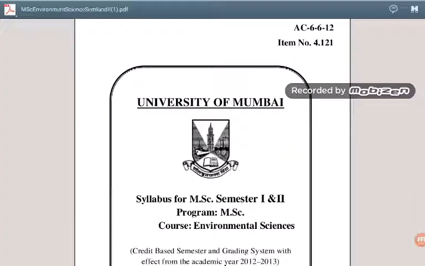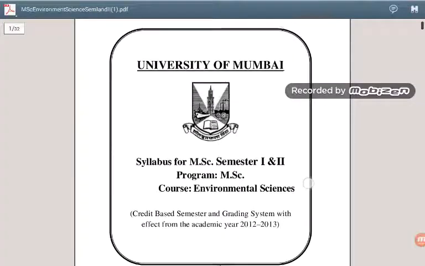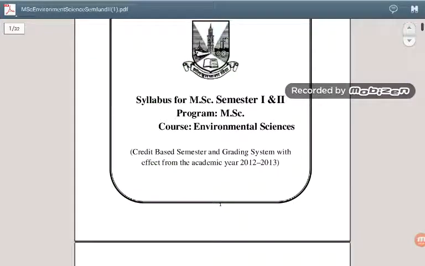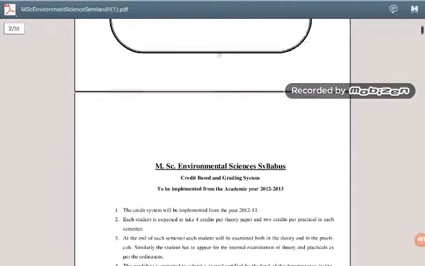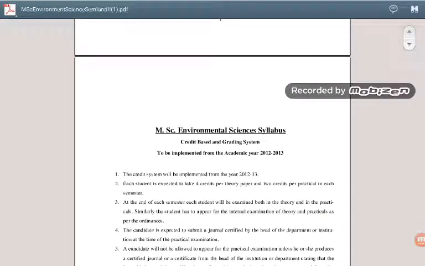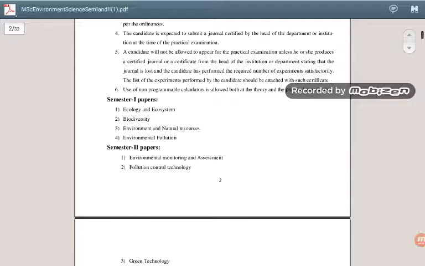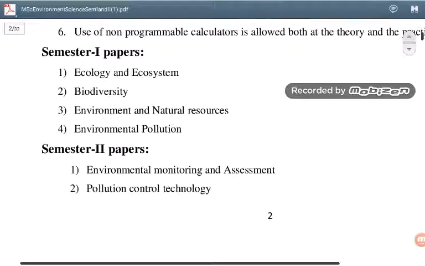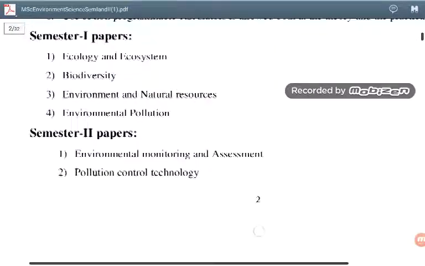Now we are going to see the syllabus. So this is the syllabus which we have to follow for the year 21-22. This is the old syllabus. Here the environmental science syllabus is consisting of 2 semesters. Semester first is consisting of 4 papers, and semester 2 is again consisting of 4 papers.